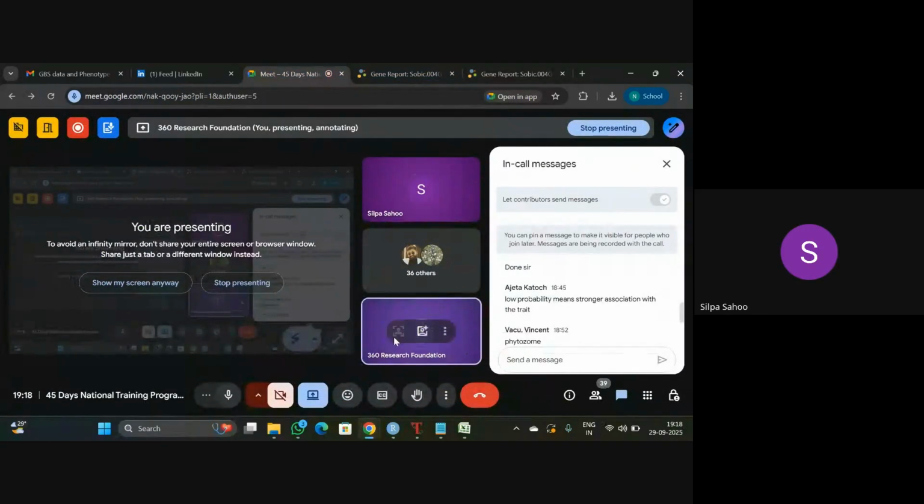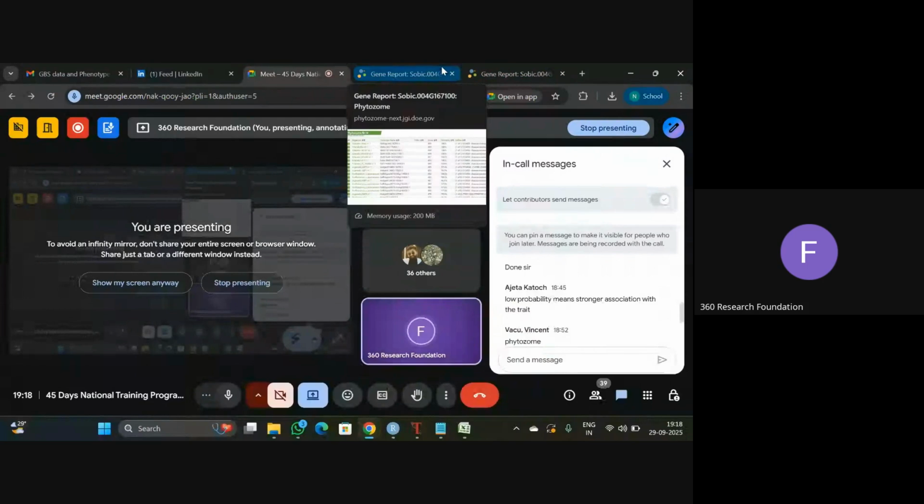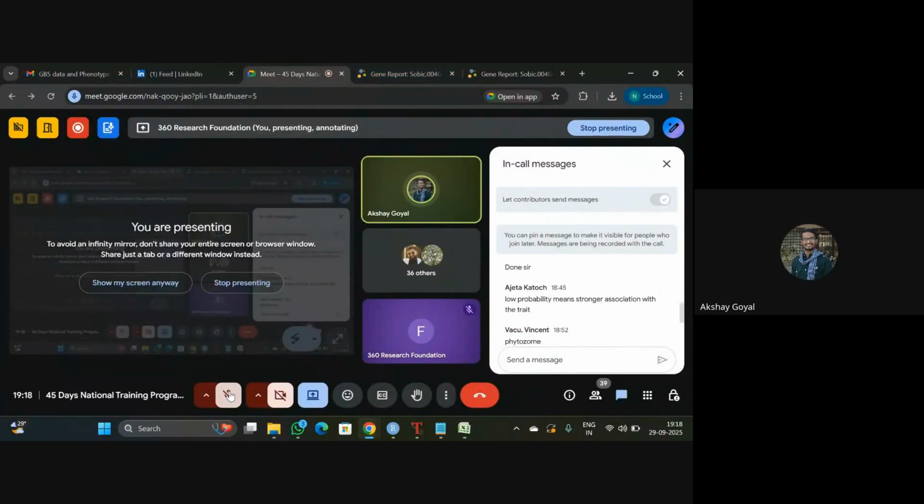Yes, sir. Excuse me, sir. Yes, Akshay. Sir, we have used a 2 kb range in this. Sir, in 1.1 the gene is related to somatic embryogenesis, but in 5.1 it is related to a disease-resistant protein. Why is it different in these two cases?